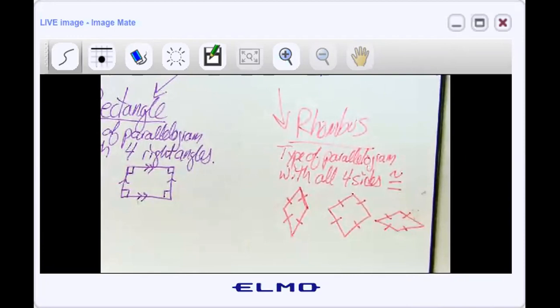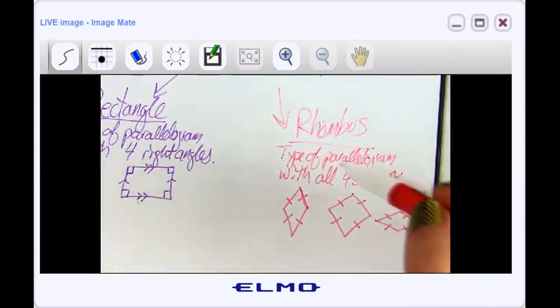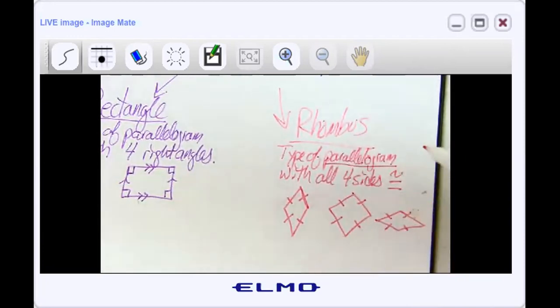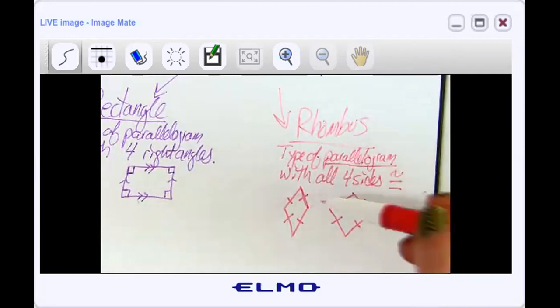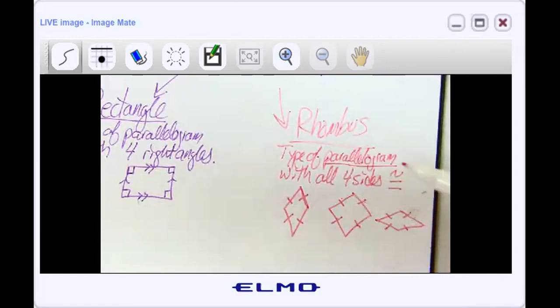So that's the big deal with the rhombus. Note that it is still a type of parallelogram, though. So its opposite sides are still going to be parallel to each other. They're just, in addition, also going to be all the same length.